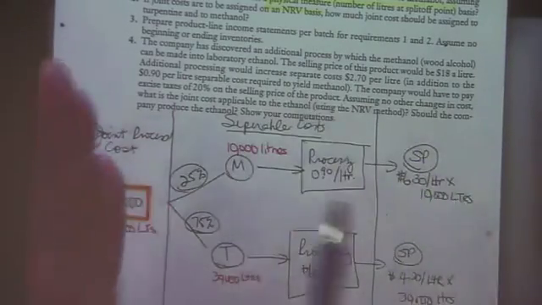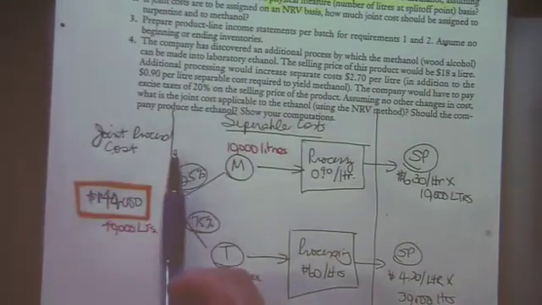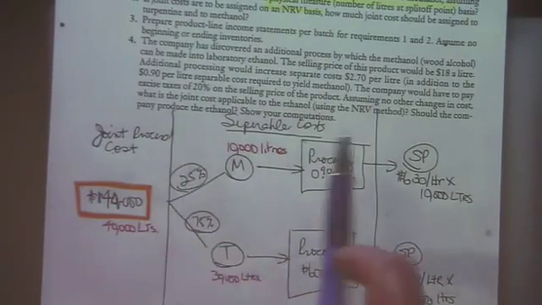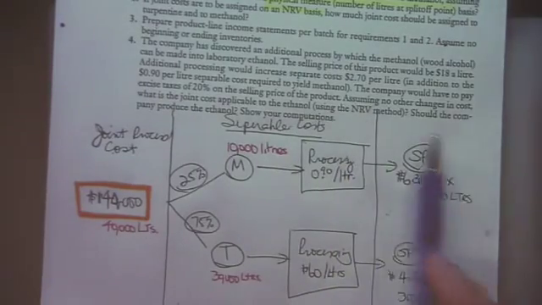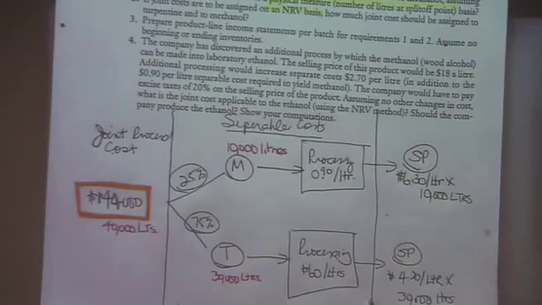Because we split, and the fact is that when we split it, we need to process it further. So that's the sales value of the split-off point. And this is also equal to the NRV of each of the individual products, the methanol and turpentine. So in this particular example, both the sales value, the split-off point, and net realizable value are actually the same.